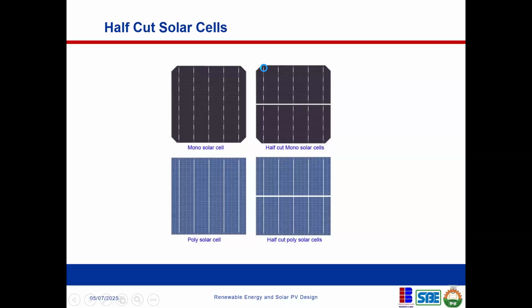The current is generated within the cells, but it has to travel and then meet at a point before it flows into your cable. The idea of half cut is to reduce that travel length so that you also reduce the losses, and by doing this, you improve the efficiency of the module. Okay, so that's the concept of the half cut.